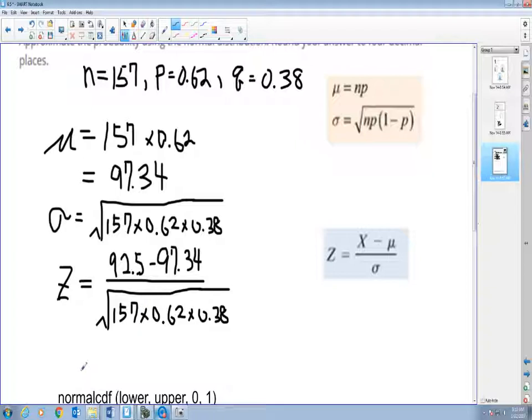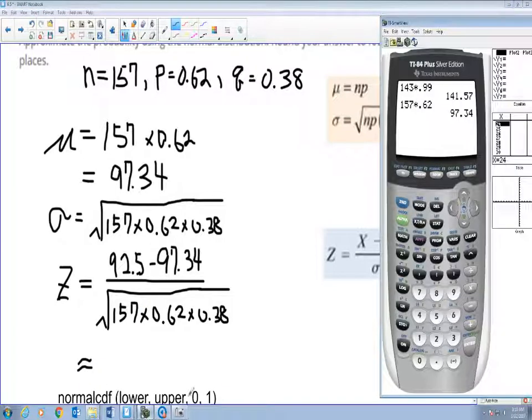Round to 2 decimal places. So what I'm going to do is subtract first. And the top is negative 4.84. That makes sense, 92.5 is to the left of 97. Divided by the square root, and inside the square root I will type in my 157 times 0.62 times 0.38. Then I round to 2 decimal places. So that's about negative 0.80.